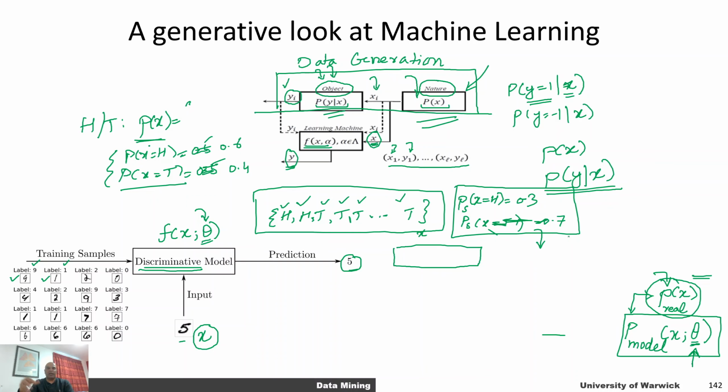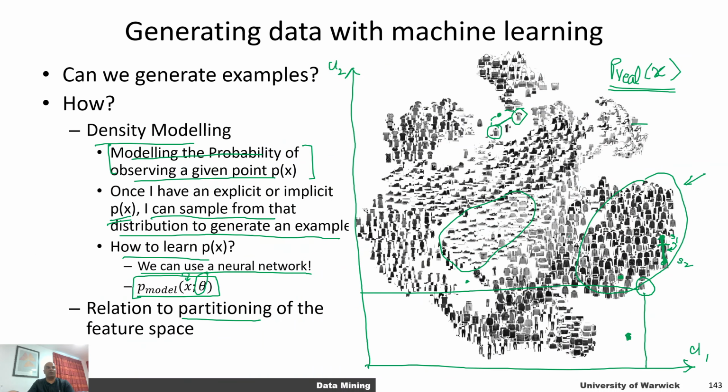We don't want a handbag that doesn't look like a handbag, right? So that's the learning goal of these generative models. The way they learn is they want to minimize the differences between the real world P of X, the probability distribution of X, and what the model has learned.